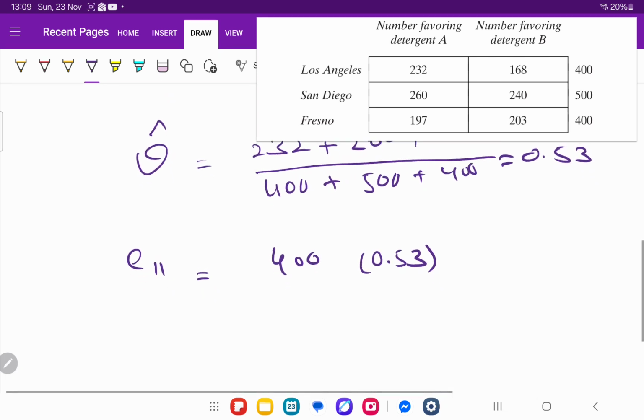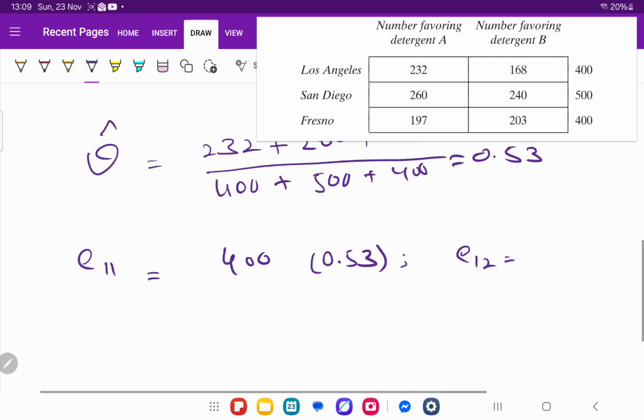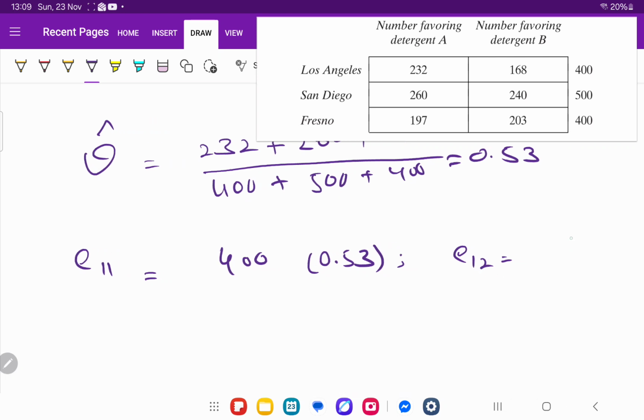Okay, so that is E11, and 168 is also lying in row 1 and column 2, which can be written as 1 2. So the proportion that we will be using for 168 will be the reverse proportion of this one, 47%.